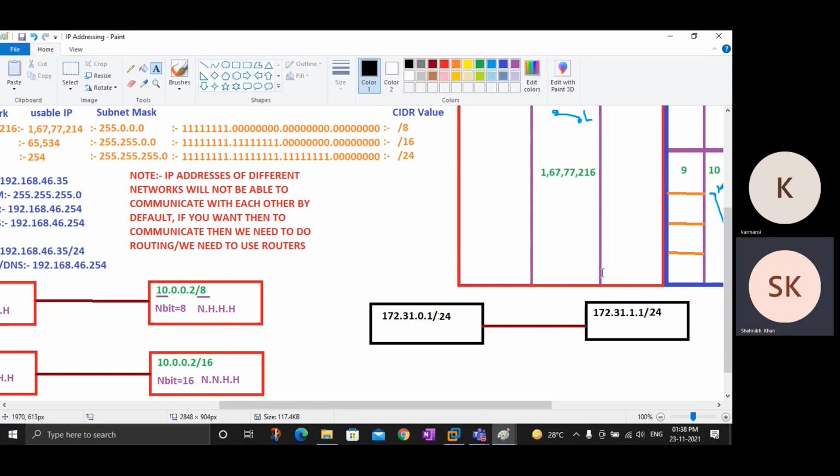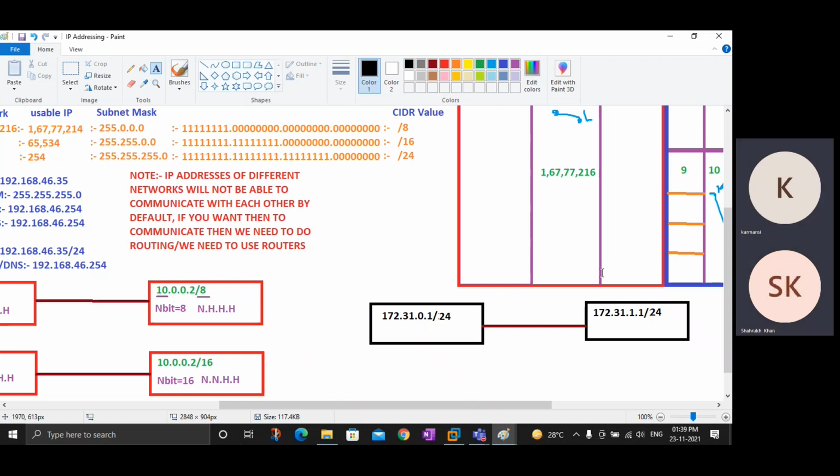Now tell me whether they can communicate. So the network blocks are the same, so they can communicate.